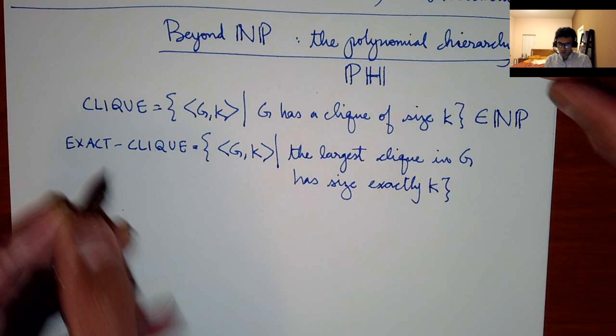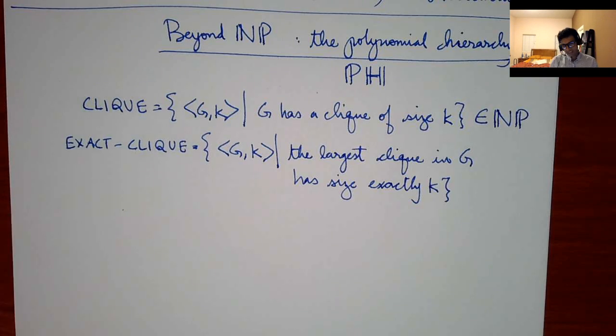What about exact clique? Is exact clique in NP? Yeah, the certificate would just be an example of the clique, right? The certificate will only tell you that there is a clique of size K, but how do you know that there isn't a bigger one?